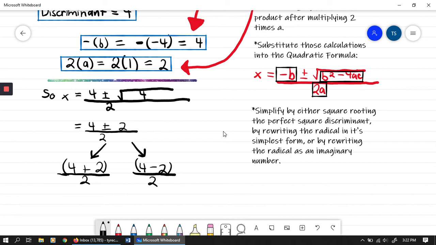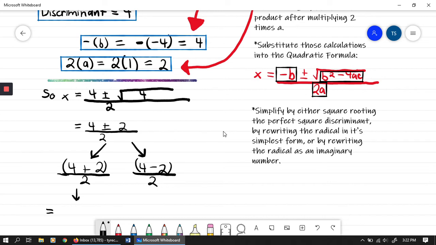So the way to simplify these two fractions, and please pay attention to my placement of the parentheses, is that for the part on the left, you simplify the numerator first. So you're going to do 4 plus 2. I'm explaining exactly how you need to do it, with or without a calculator.